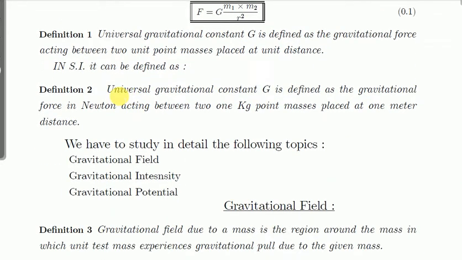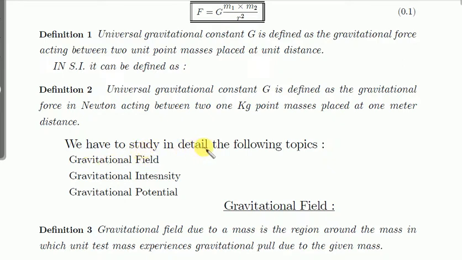Definition 2: universal gravitational constant G is defined as the gravitational force in Newton acting between two 1 kg point masses placed at a distance of 1 meter.